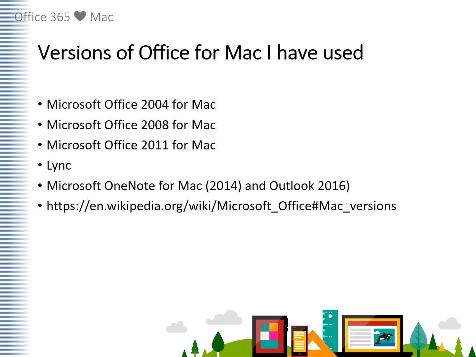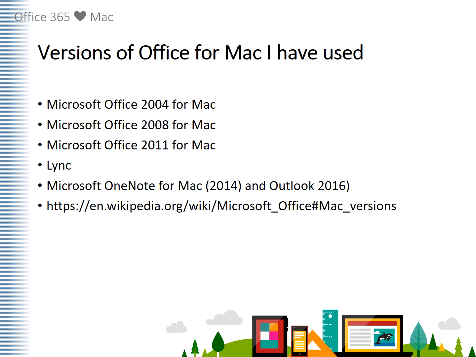And similar to how the Mac OS X versions have evolved, Office for Mac has also evolved over that time. The first version of Microsoft Office for Mac that I installed on that Intel-based system was Office 2004, and it was actually an update to support the Intel-based Macs, which were introduced in 2005.